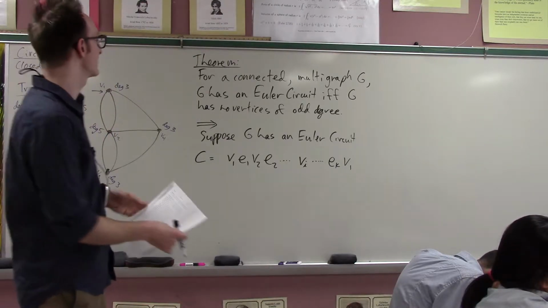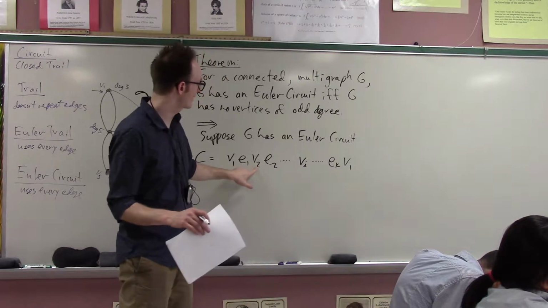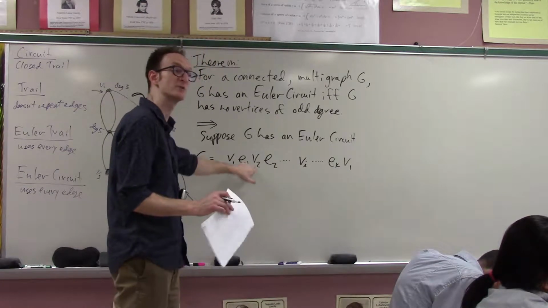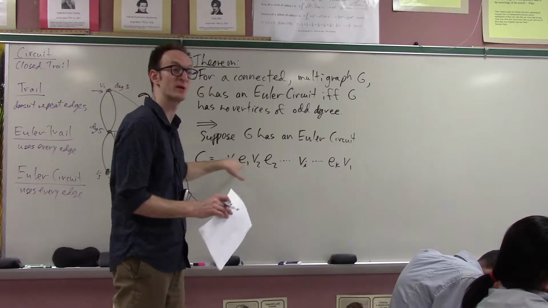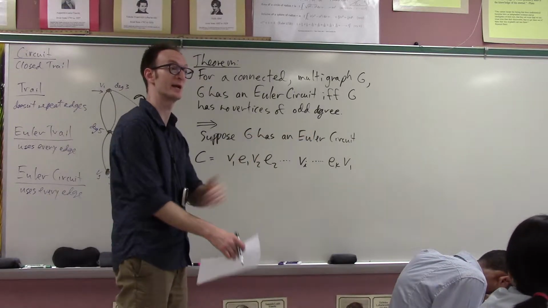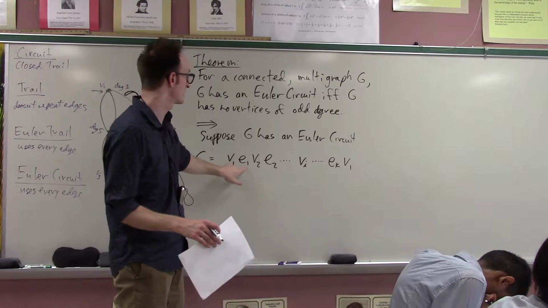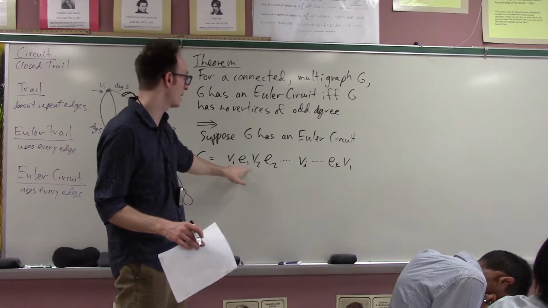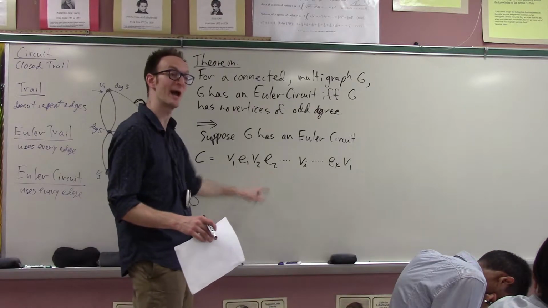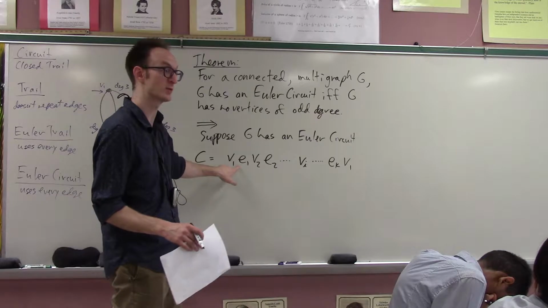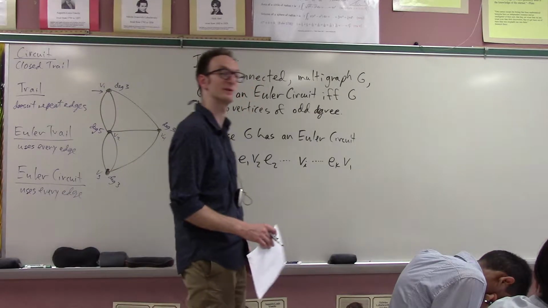Yeah, since we use every edge, the degree of every vertex can be counted by the number of edges that appear adjacent to it in this list, right? And we use up 1 degree going into that vertex and 1 degree going out. The only special case is the first one, but then we use 1 at the start and 1 at the end, so it's pretty much it.